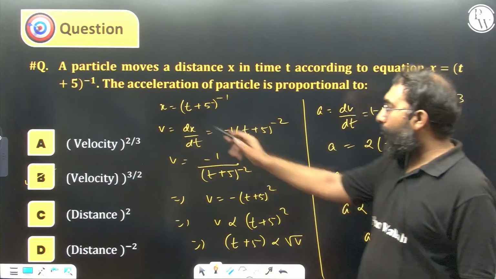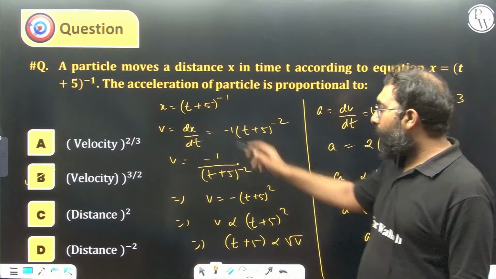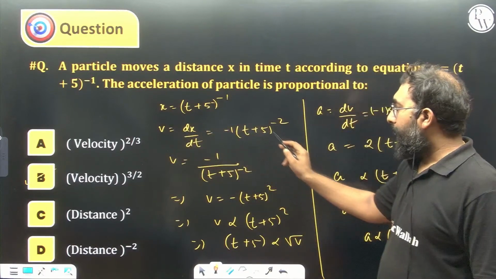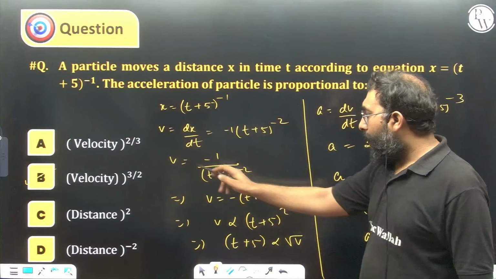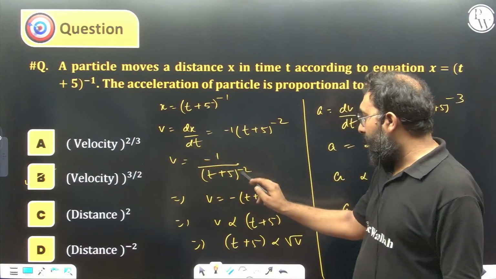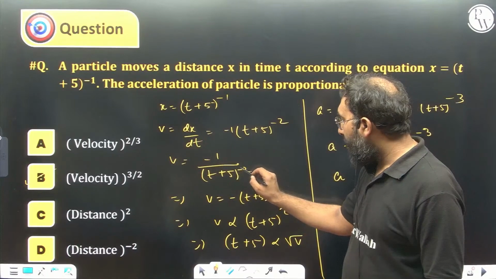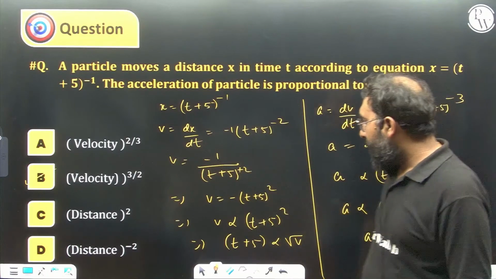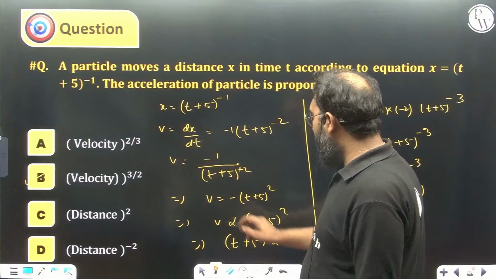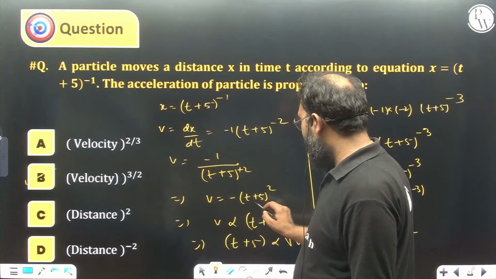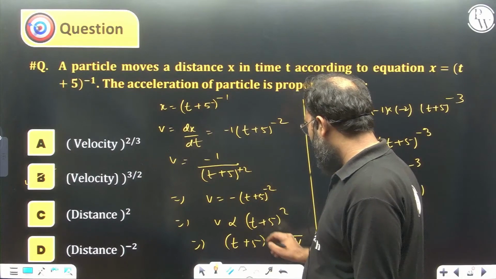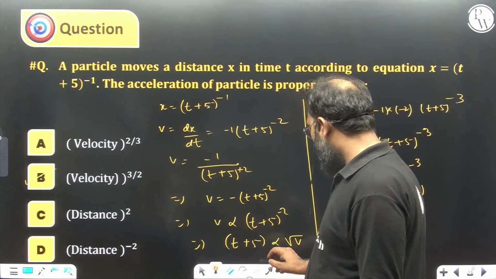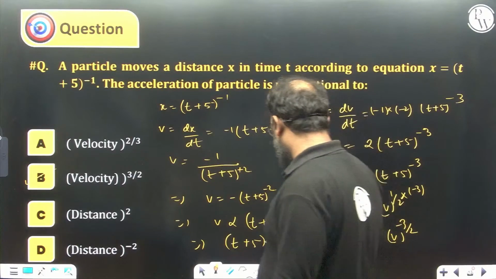So displacement was given. From displacement we calculated velocity. This is minus 1 into (t plus 5) raised to the power of minus 2. From here we got velocity as minus 1 divided by (t plus 5) power 2. Or we can say that velocity is minus 2 (t plus 5).